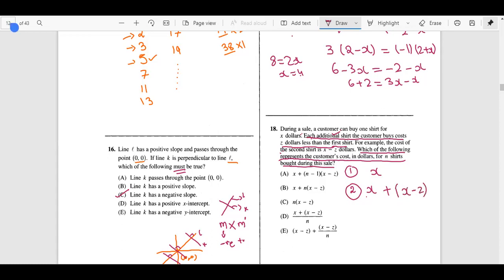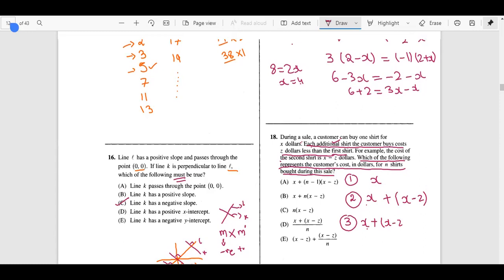This is the first shirt, that is X minus Z. Then let's say there's a customer buying three shirts. The first shirt would be for X dollars. Then the second one would be for X minus Z dollars.